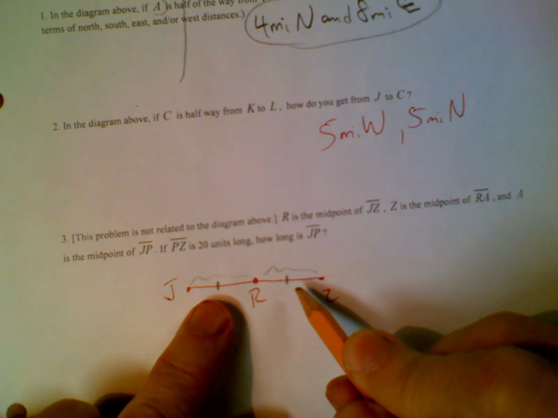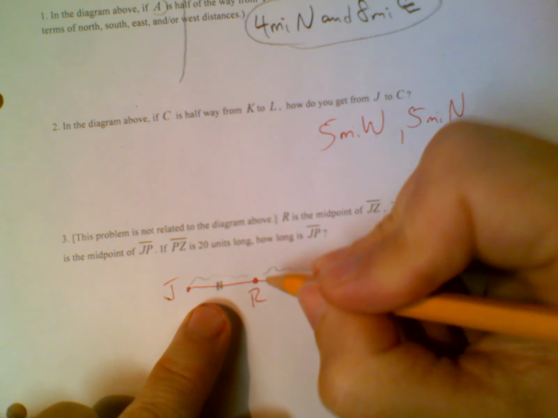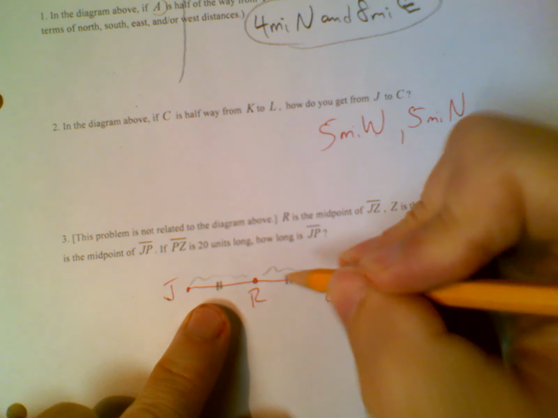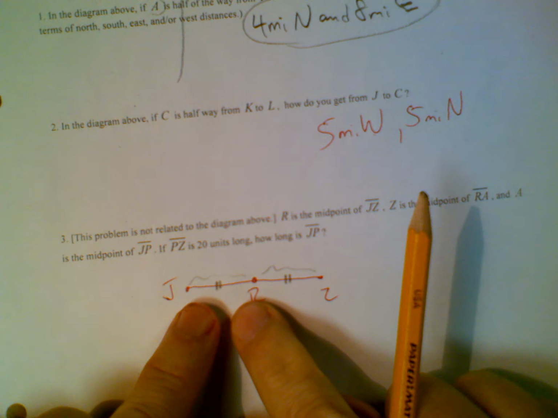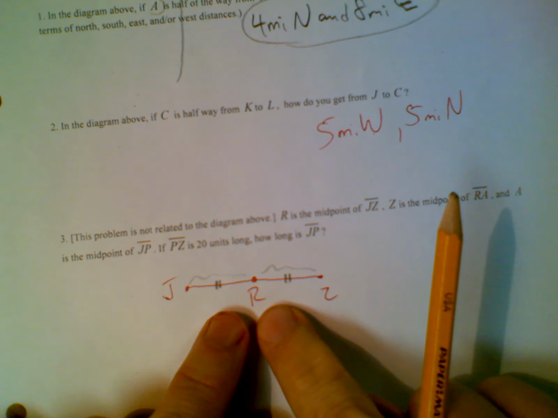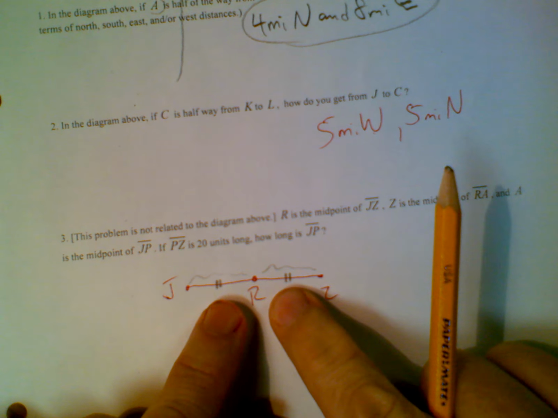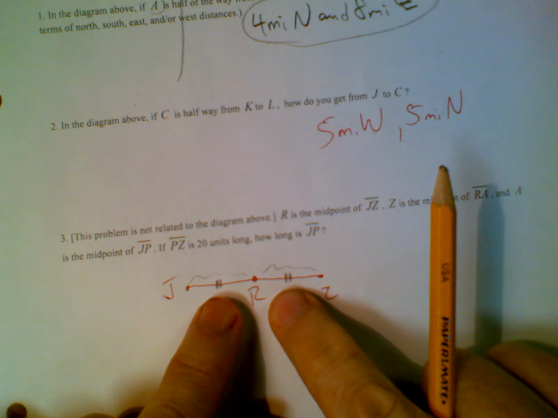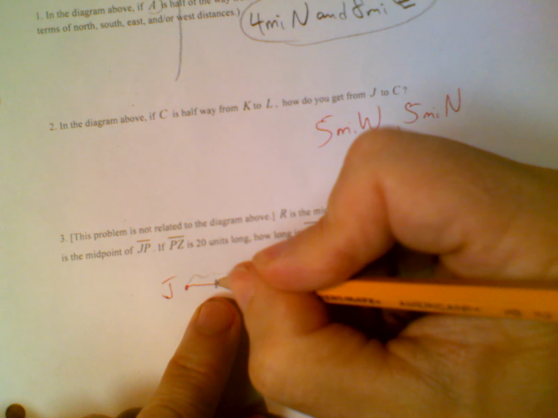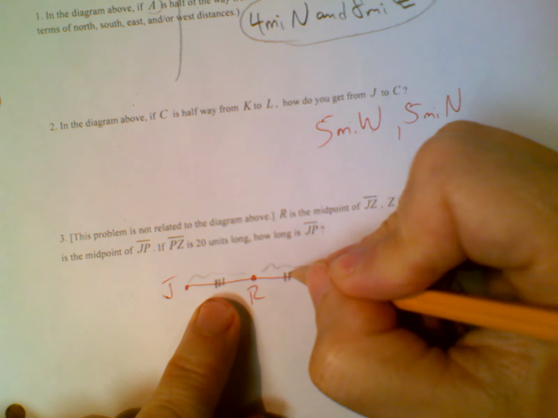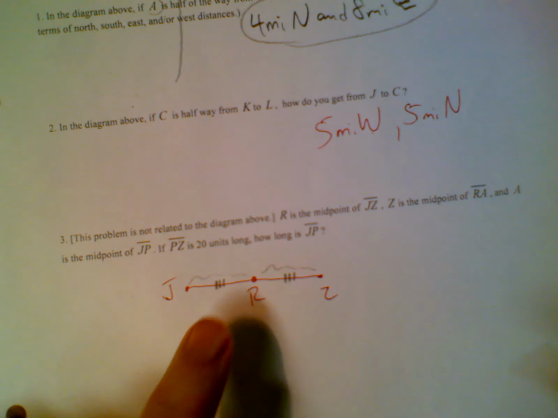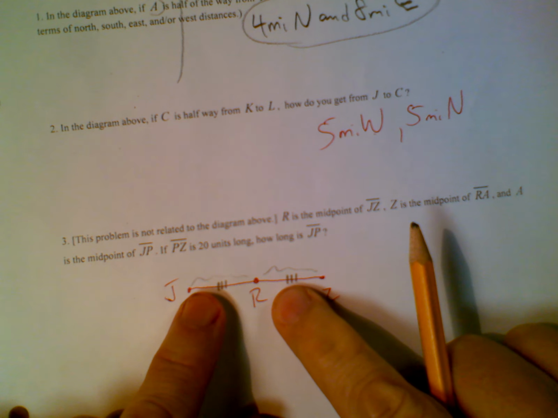It does not matter how many marks there are. I could put 2 marks there and 2 marks there. That doesn't mean that these segments are 2 units long each. It only means that these segments are the same length because they're marked the same way. I could use a triple tick mark and a triple tick mark, and it still means exactly the same thing, that these 2 segments have the same length.